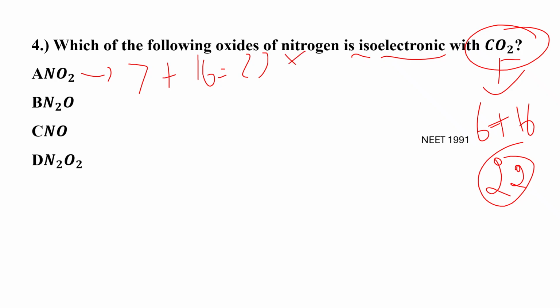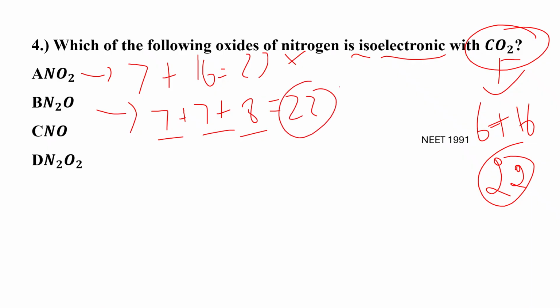This is not the answer. Then N2O means 7 plus 7 plus 8. So 8 plus 7 is 15, 15 plus 7 is 22. So this is the answer. Option B has the same electron count. This is what is meant by isoelectronic.